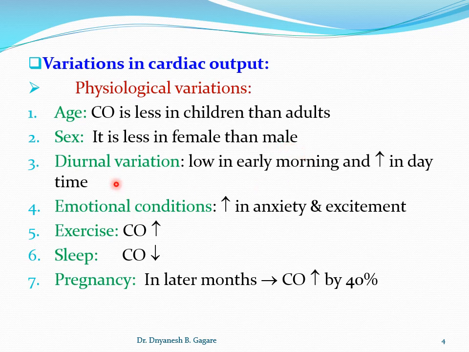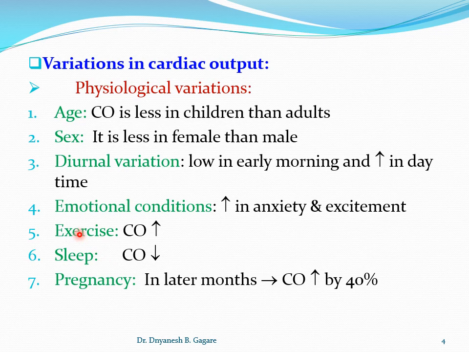Now, sex: it is less in females than males. Then diurnal variation. If you see the morning hours, afternoon hours, evening hours, cardiac output is low in the early morning and increases slightly in the daytime or at the evening hours.